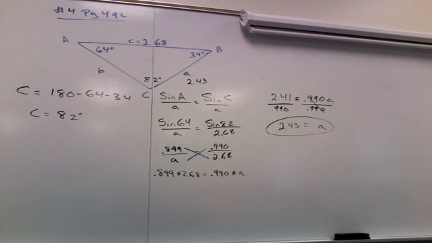What'd you get? Did you all round it? Did you use 3 decimals? Okay. How many decimals? Three. I got 1.51. So sine of 34.